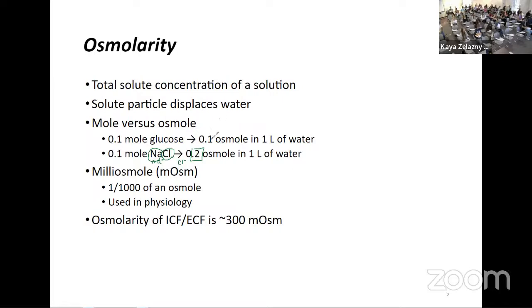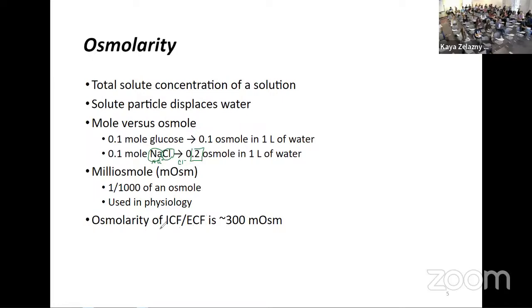Usually, since these numbers are in decimals, they're kind of ugly to look at in that version, so we move them into milliosmoles. A milliosmol is 1/1000th of an osmol. So these numbers are just going to be prettier and rounder and a bit bigger after we do that conversion.